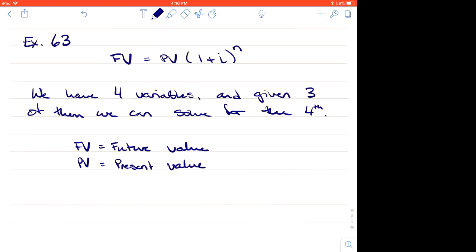Present value. Okay. And so just looking at these 2, I invest some present value today, right? Or potentially in the past, right? And then it sits there for some amount of time at some interest rate, and it yields some future value, right? So that's the time value of money, right?